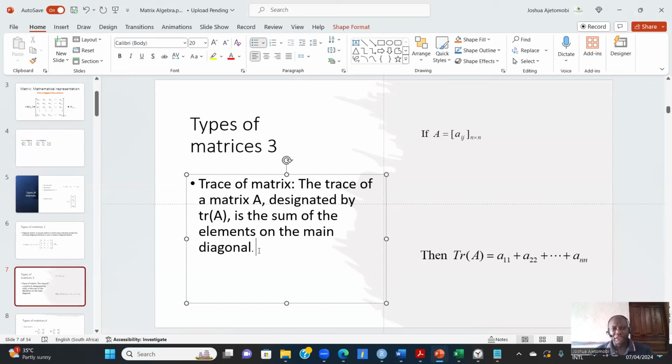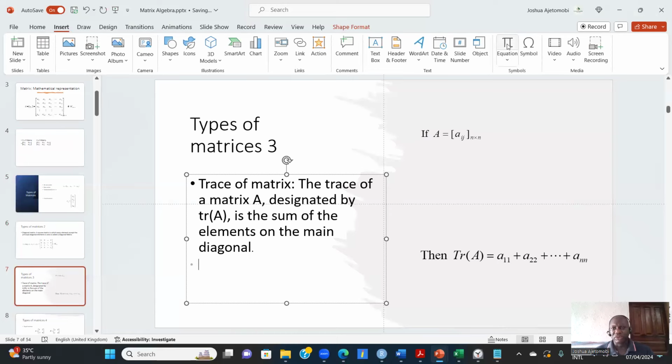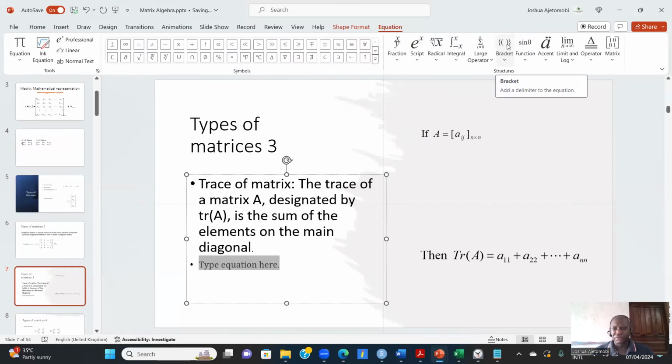So let's fix there, for instance. Let us have a 2 by 2 diagonal matrix.